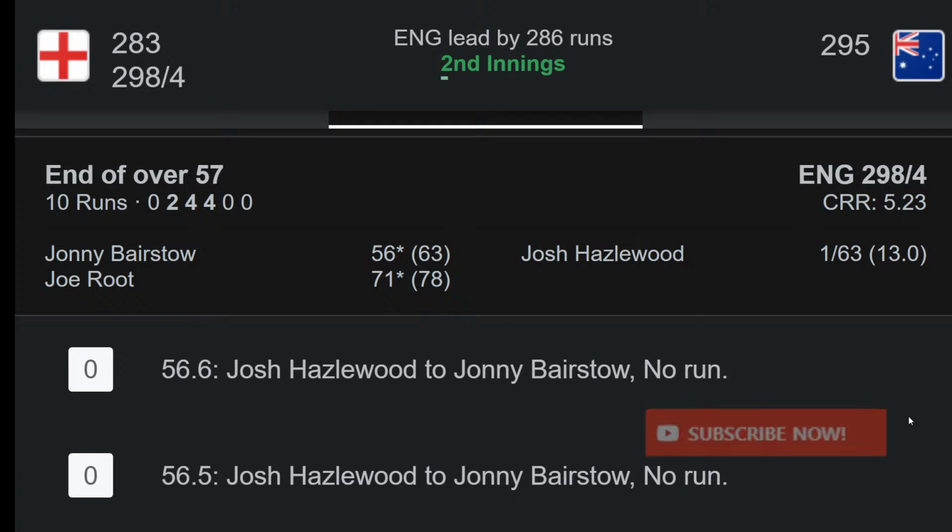Over number 57 has been completed, 10 runs, 2 and 4, and the last 2 balls dot, and the first ball is dot. So Johnny Bairstow 56 of 63 and Joe Root 71 of 78. Josh Hazlewood 1 of 63 in 13 overs. Current run rate is 5.23, 298 for the loss of 4 wickets.